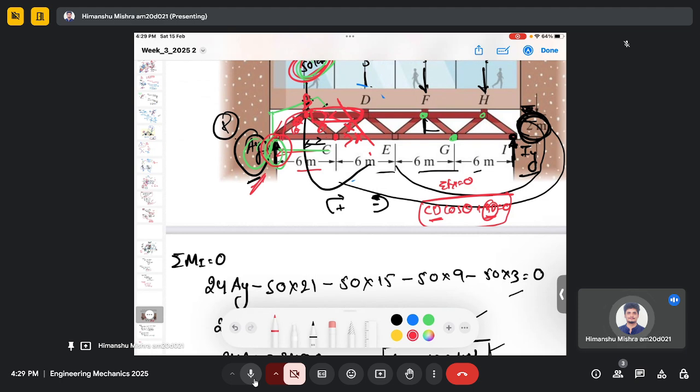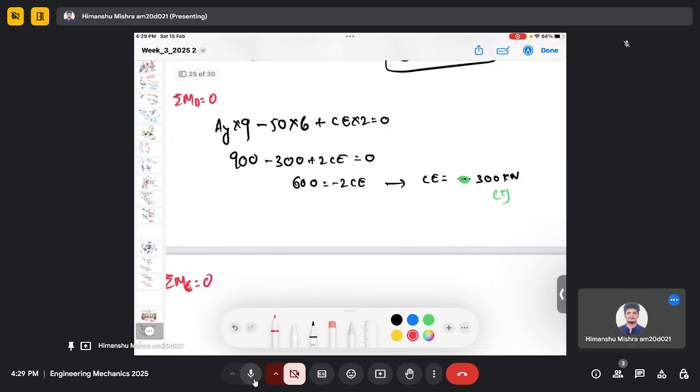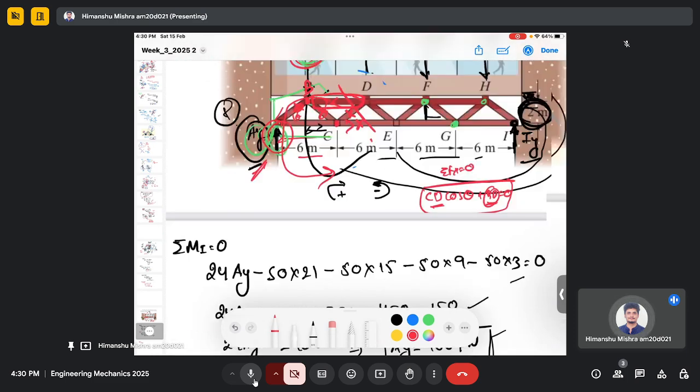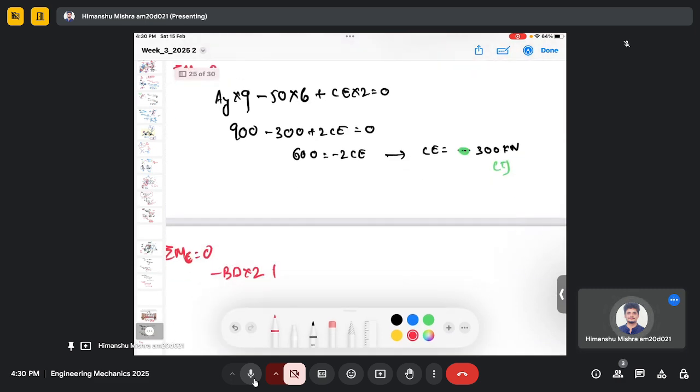BD will rotate like this about point C, in the counterclockwise direction. So it is minus BD multiplied by 2. AY is rotating in the clockwise sense about point C, so it is AY multiplied by 6. AY is 100, so it's 600.